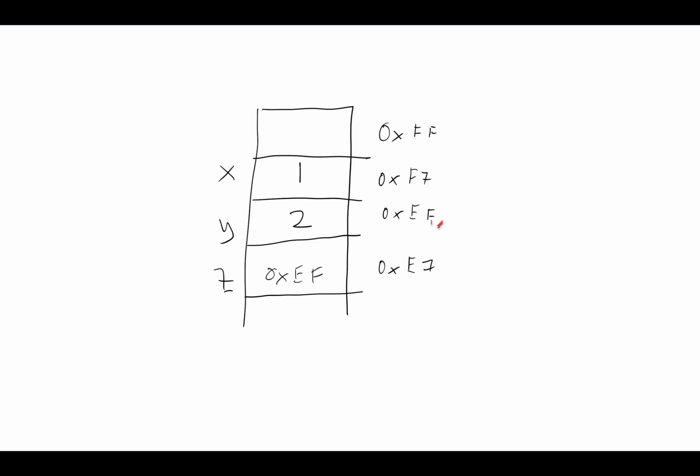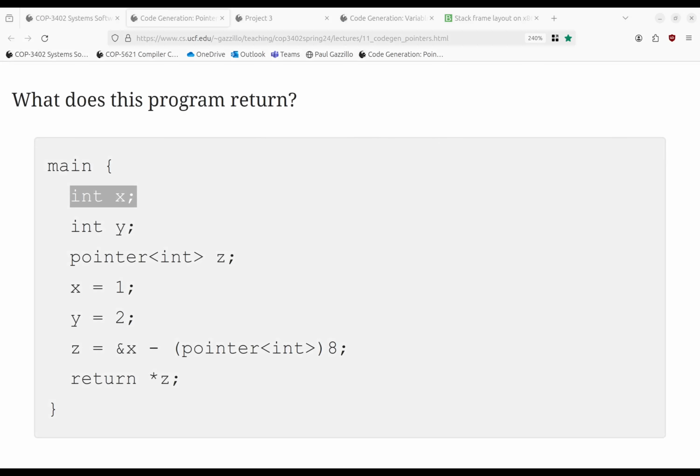Well, it's EF. And EF happens to also correspond to what the compiler thinks is the memory associated with Y. And so that's why that program will actually print out 2. It'll print out the value of Y because we've gotten the memory address of X, and then we move 1 offset down because 8 is the same offset we use to store local variables.